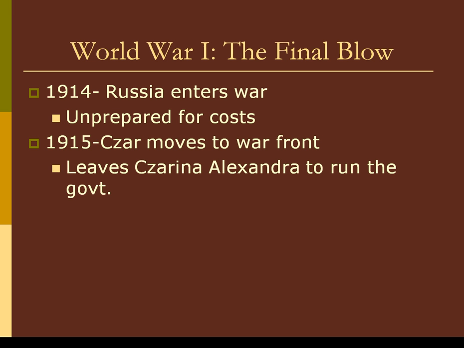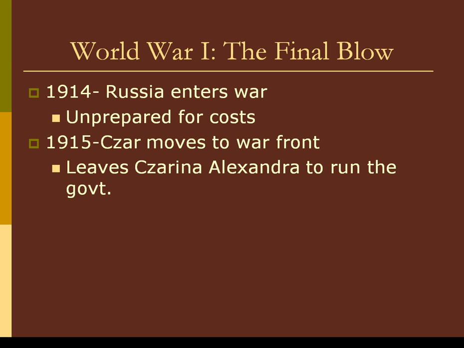Now, to give you a little background to understand what happens here, Tsarina Alexandra and the Tsar Nicholas had a son together, Alexis, and this son had a condition known as hemophilia. It's a blood disorder. And Tsarina Alexandra put a lot of trust into a guy by the name of Rasputin.